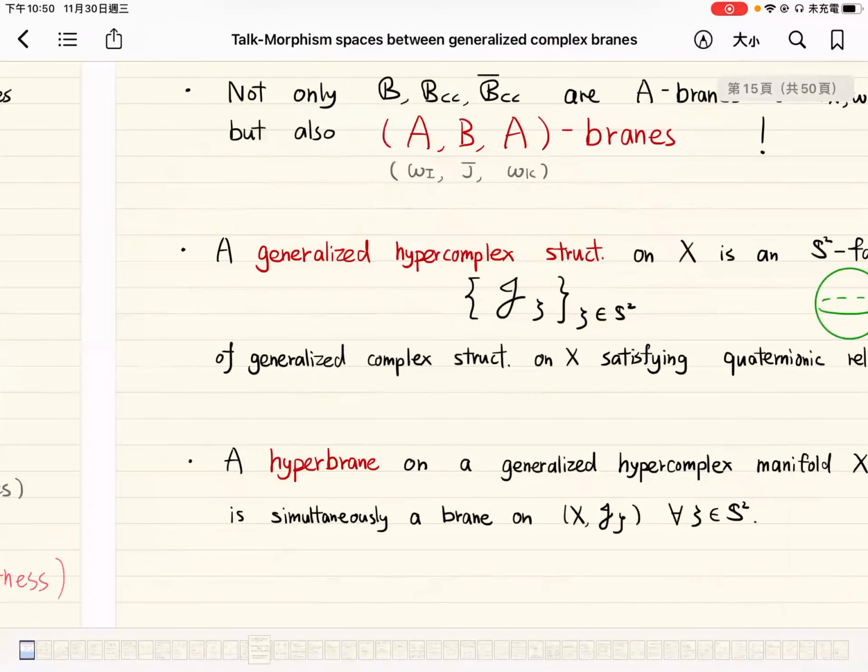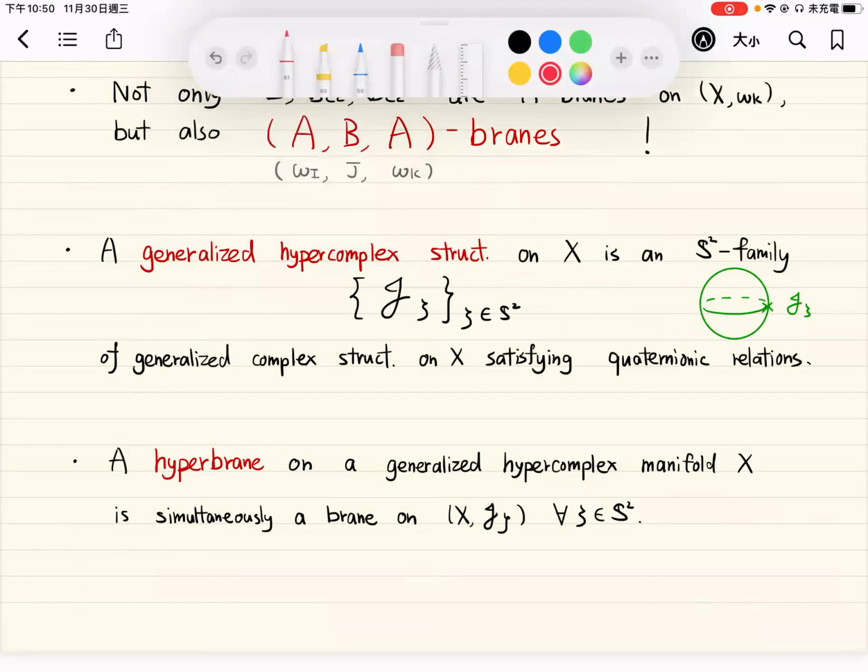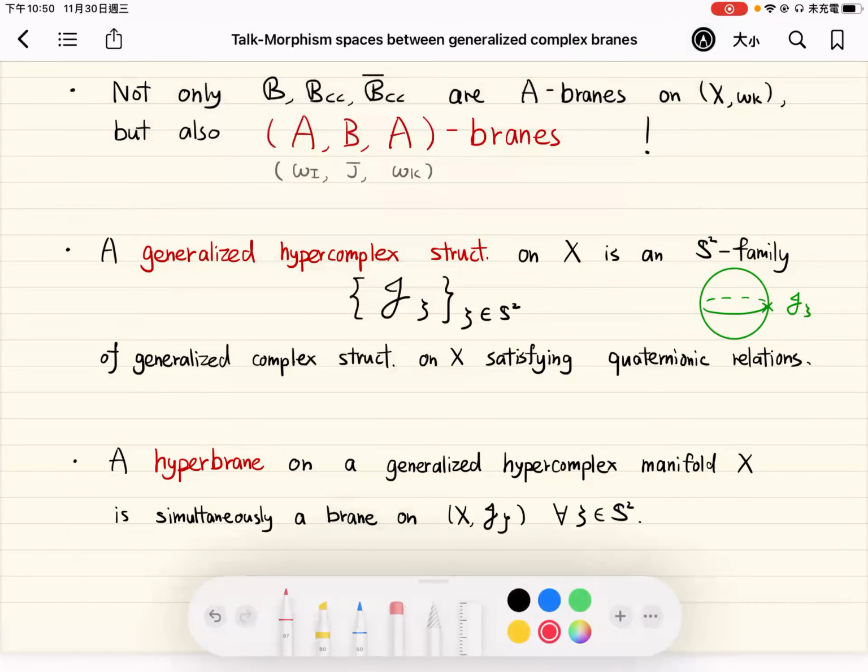So now there's also another observation for the brane B and BCC. Indeed, not only are B, BCC, and BCC bar A branes on the manifold X with respect to one symplectic form omega K, but they are also ABA branes with respect to the triple omega I, J, and omega K. So why don't we have another generalization of this notion of ABA brane using generalized complex geometry?